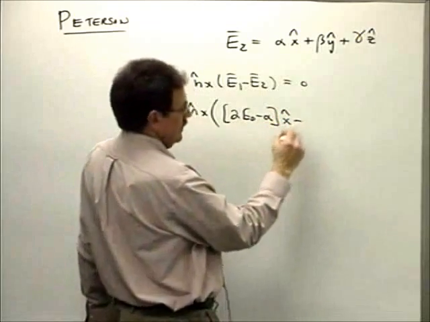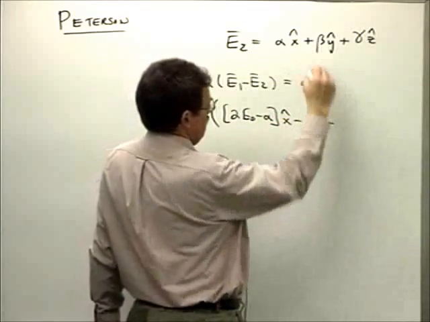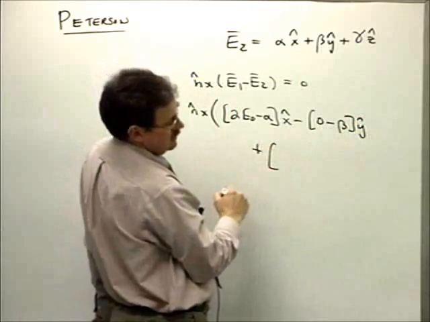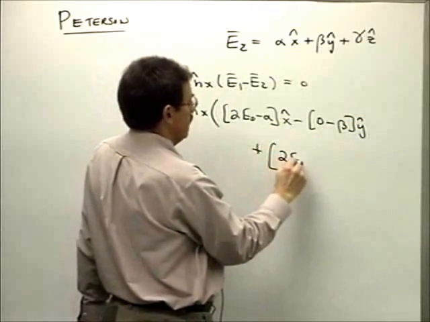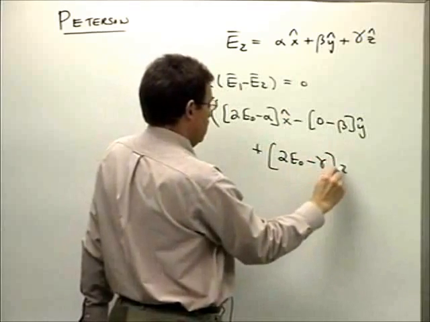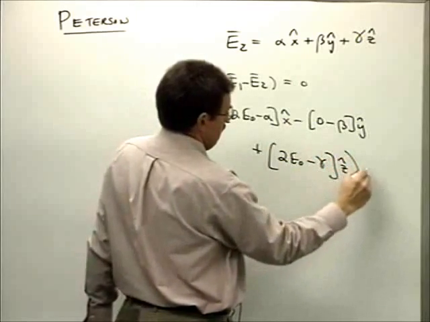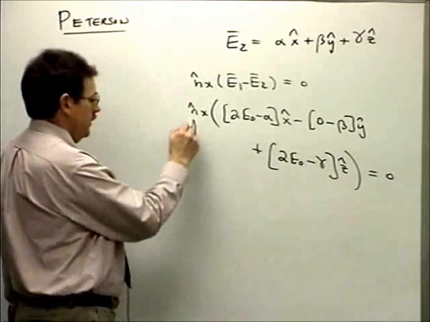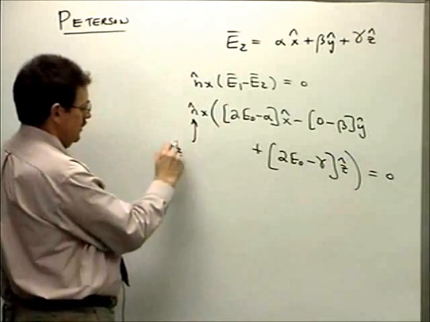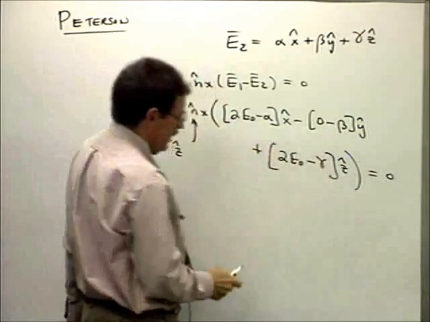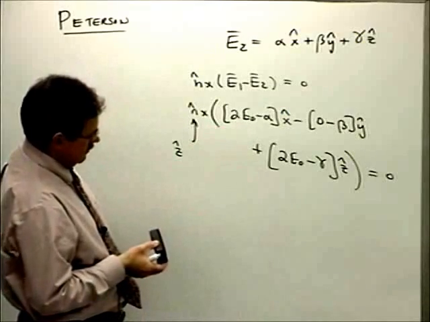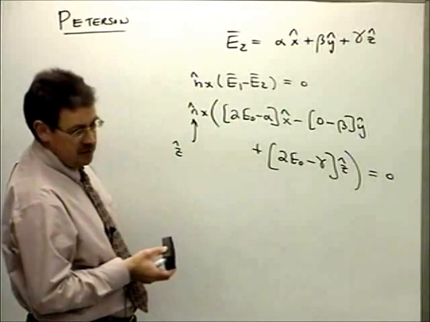We'd have a 0 minus beta y hat. We'd have a (2E0 minus gamma) z hat. And then n cross all of that has to equal 0. And we figure out what the normal vector is. That's going to be z hat. We work out the cross products, and we get two equations out of here that we can solve for two of these three unknowns.